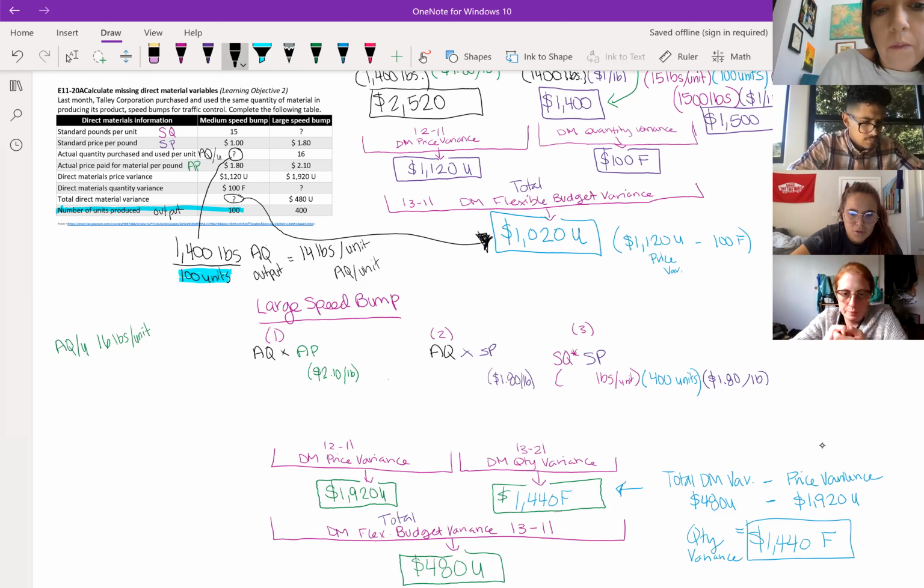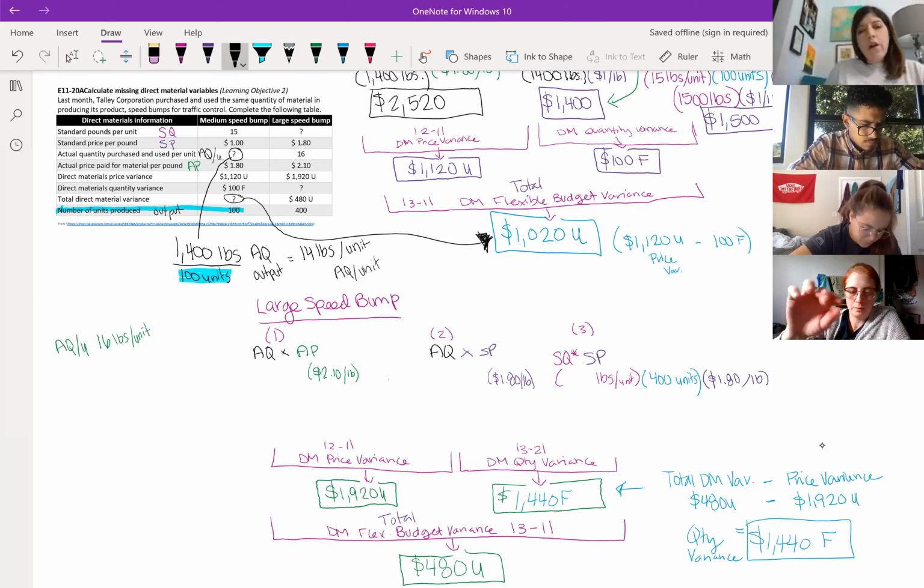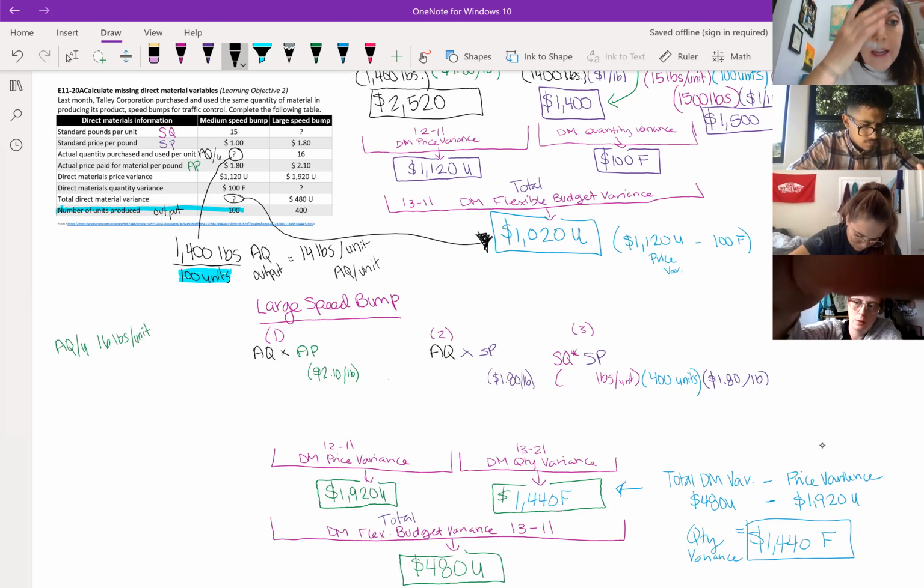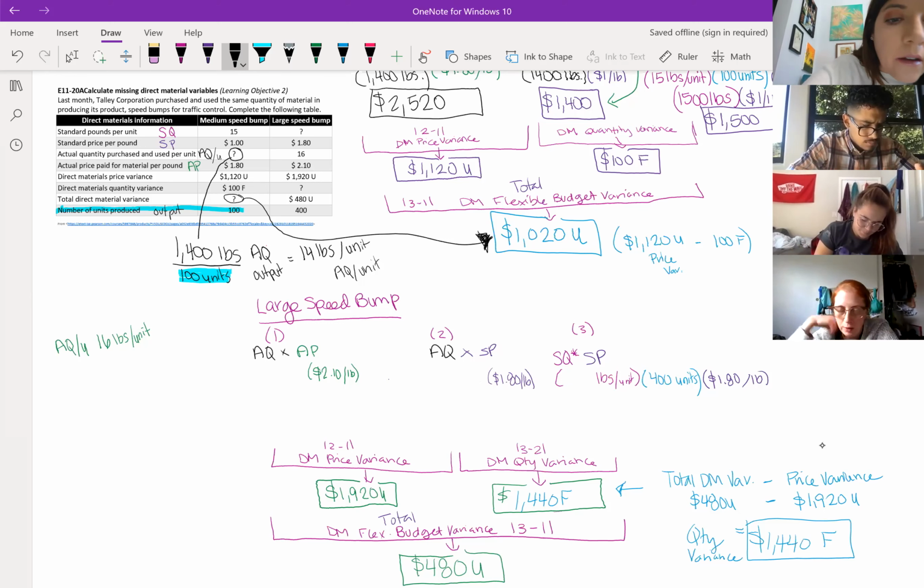So how do you know it was supposed to be favorable? Because this is 480 unfavorable. It's a lower unfavorable than this one. Okay, got it. Because it needs to get lower, you have to have an offset, which is a favorable, the opposite. It's like a negative number. I see what you're saying. Yeah. Okay, thank you. Okay, we have enough information to calculate the actual quantity.